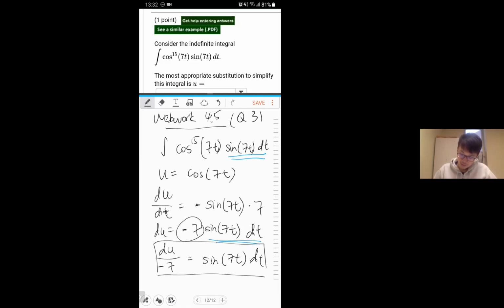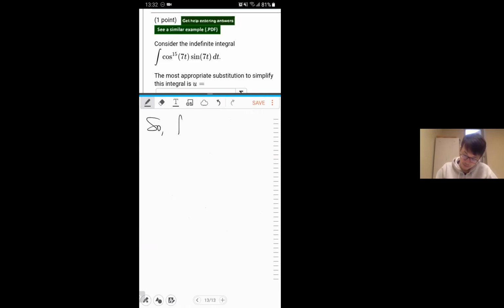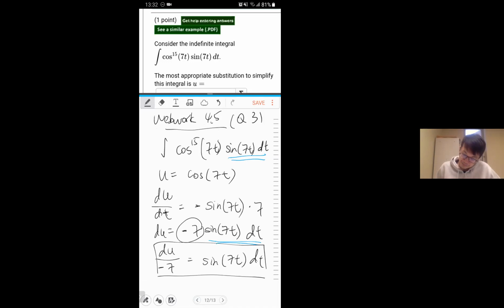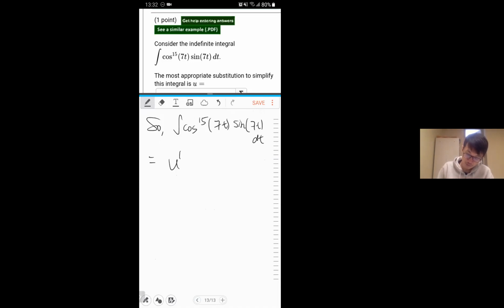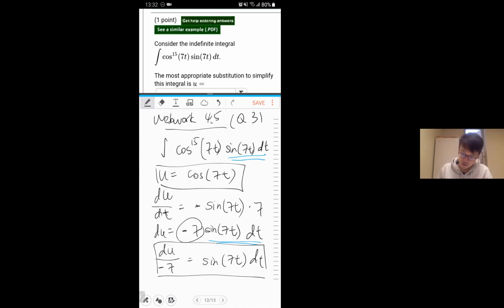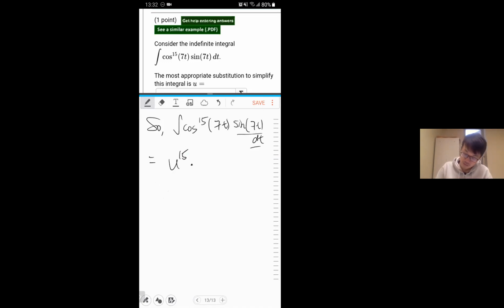And so your integral becomes, by definition, u was cosine of 7t, so the first thing is u to the 15, sine of 7t times dt. We know that this is du divided by negative 7. Is it okay?